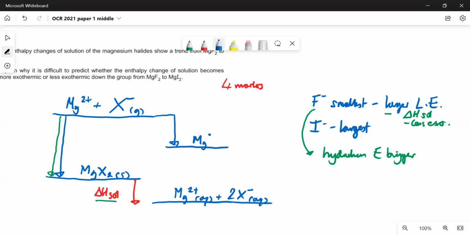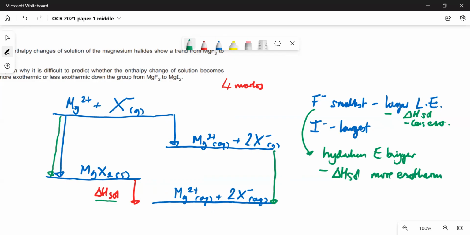That's the same for both, isn't it? Hydrate that first, and these are still in the gaseous state. So this line here for fluoride is going to be bigger. So that would tend to make the delta H sol more exothermic.